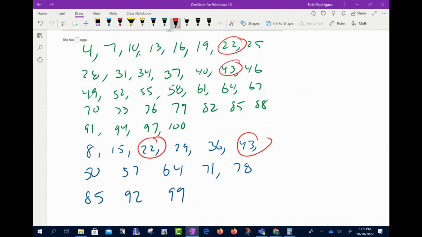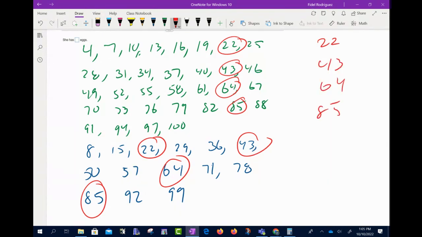Yeah, 43 as well. And what? 64? And 85, right? Okay, those are the numbers we have in common. All right, so I'm going to look at those numbers, 22, 43, 64, and 85.